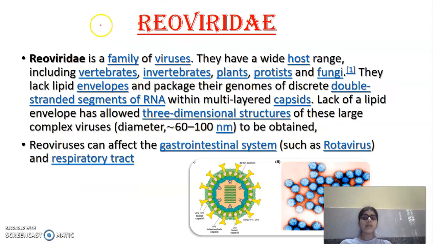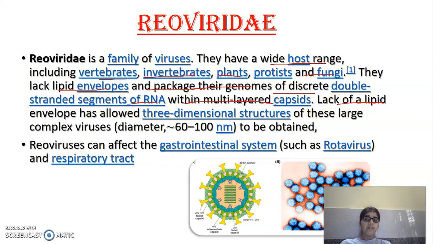Reoviruses or Reoviridae have a wide host range including vertebrates, invertebrates, plants, protists, and fungi. They lack lipid envelopes and package their genome of discrete double-stranded segments of RNA within multiple-layered capsids.